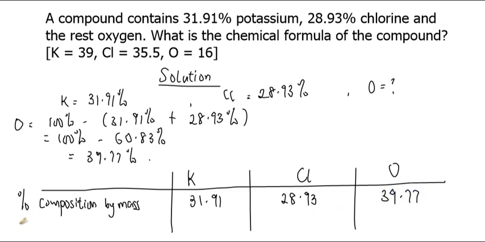So the relative atomic mass for potassium is given to be 39. Chlorine is given to be 35.5, while oxygen is 16.